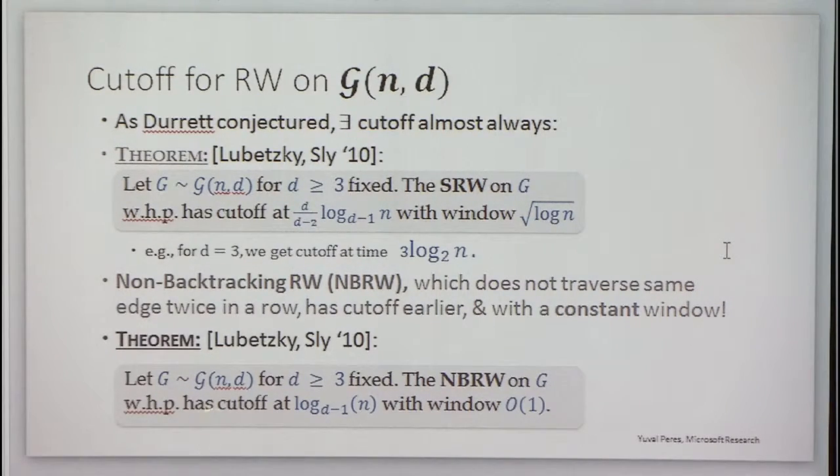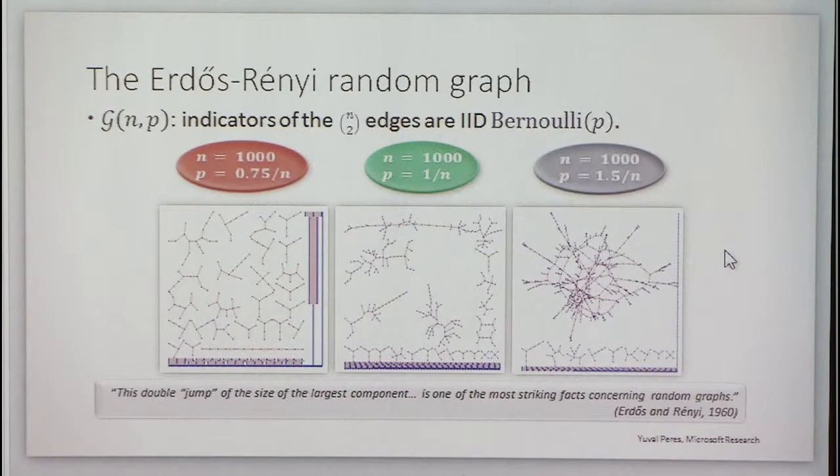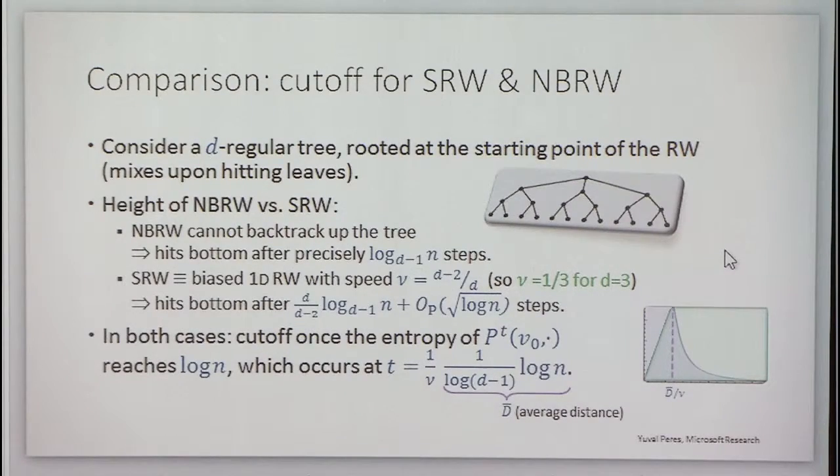So putting these together gives this result for the random d-regular graph.